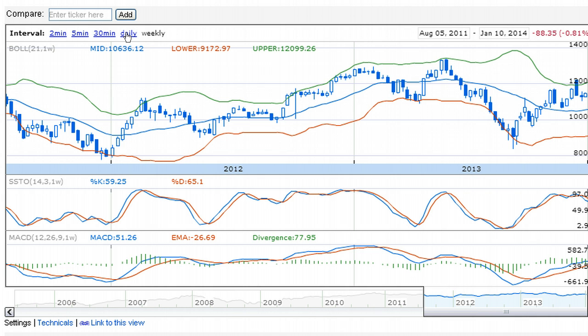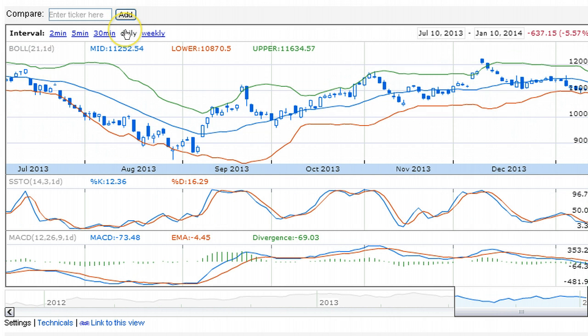When I say the parameter 21, it means it will calculate Bollinger values based on the last 21 candlesticks. So when you select the weekly chart, it will assimilate the data for the last 21 weeks. When I'm looking at the daily chart, it's going to be assimilating data for the last 21 days.